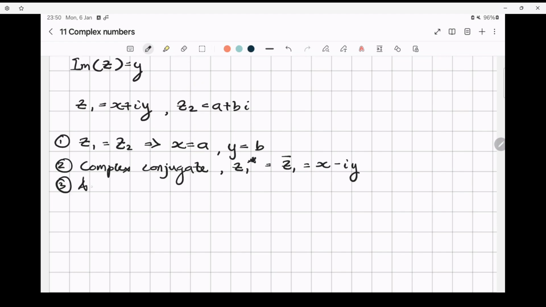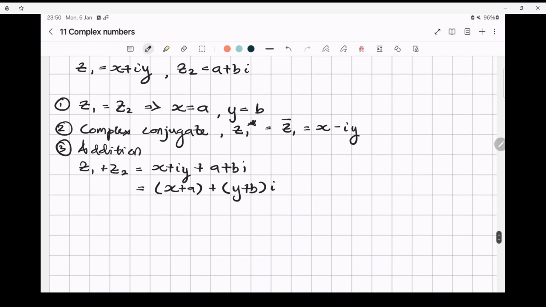So now let's talk about addition. If you have z1 plus z2, so basically you have x plus iy plus a plus bi. So you sum the real part together and then the imaginary part together. So you get x plus a plus (y plus b)i. So this is how you perform addition. Subtraction is the same thing.